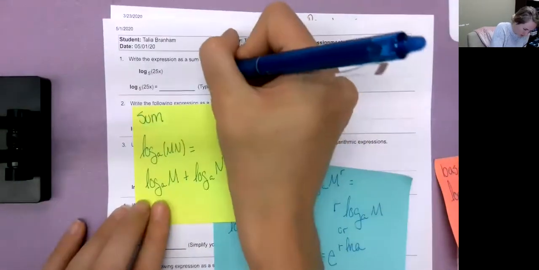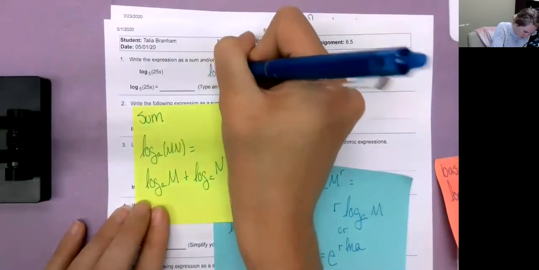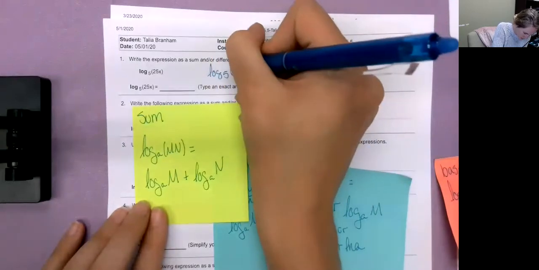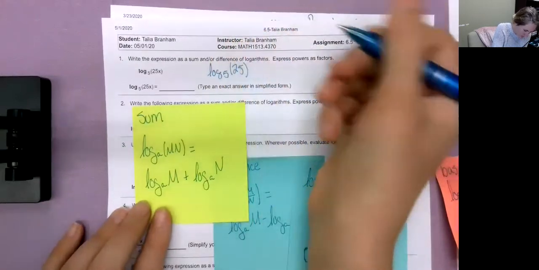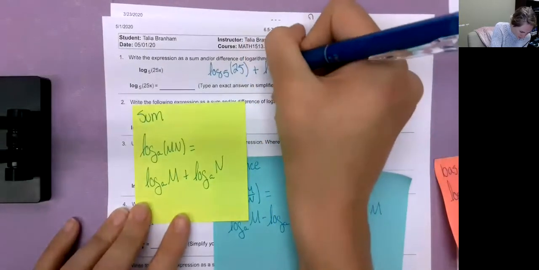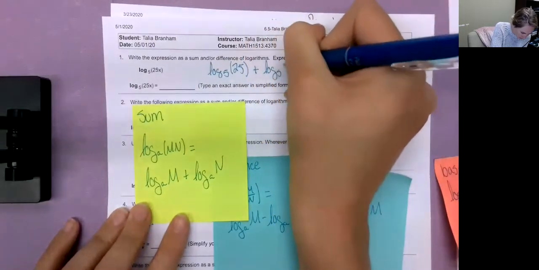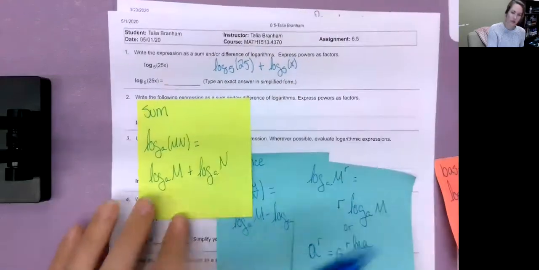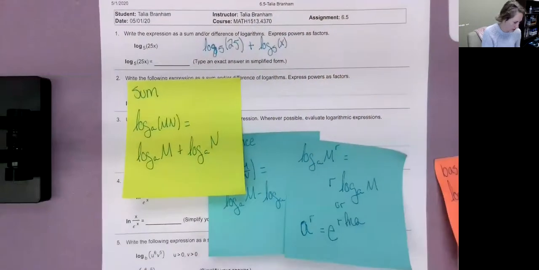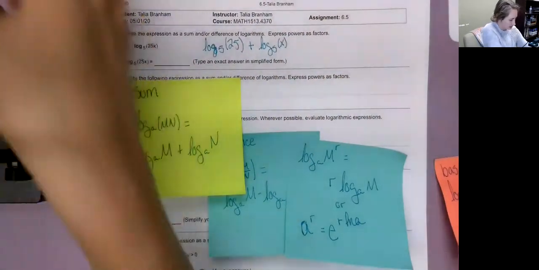So our first one, we'd have log base 5 of 25. This is a weird pencil. I thought I'd try it for the first time here. And then log base 5 of x. Now, since this one is all real numbers, we can go ahead and change that like we did in the previous lesson and find the answer of it.